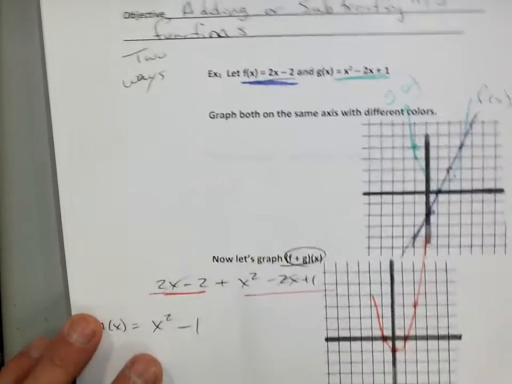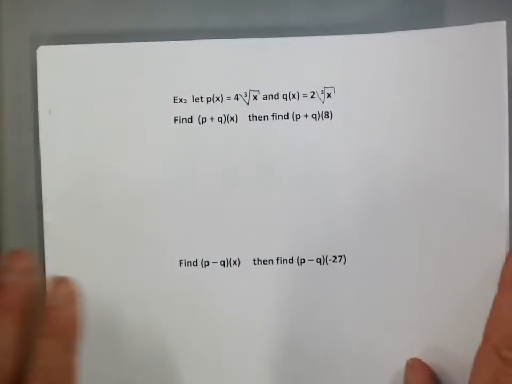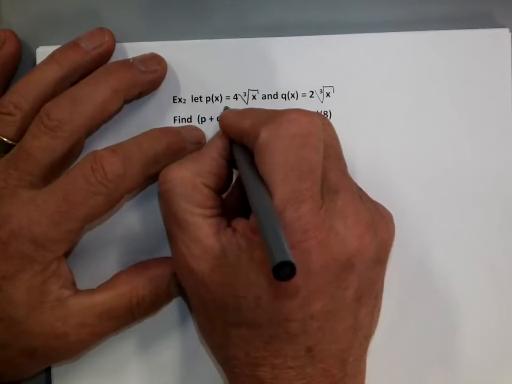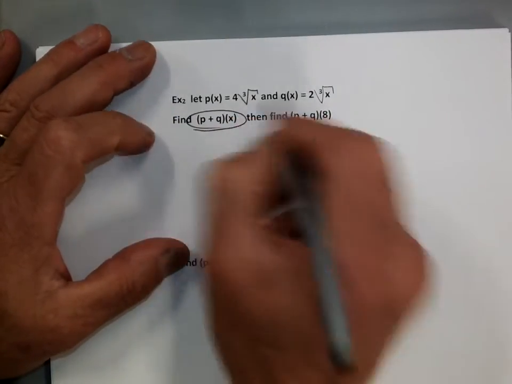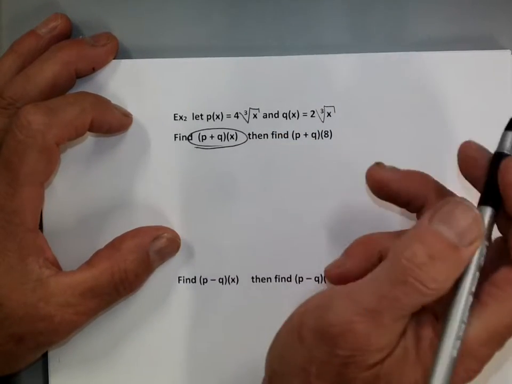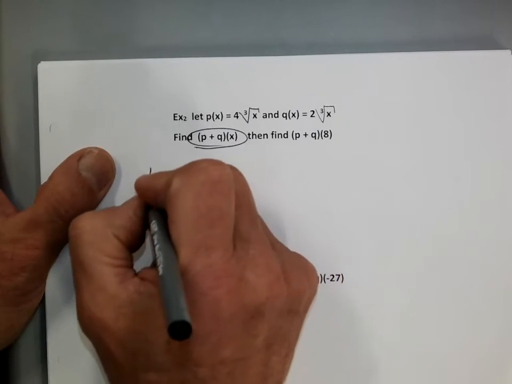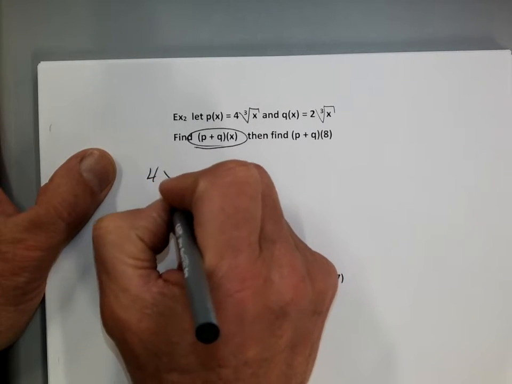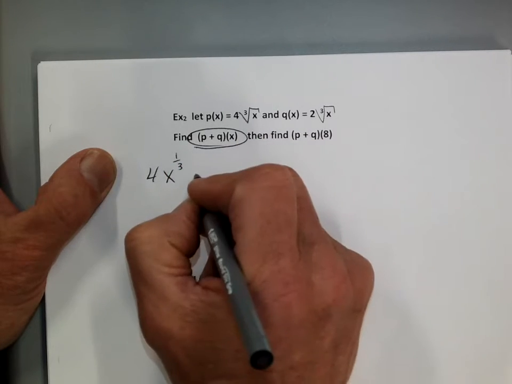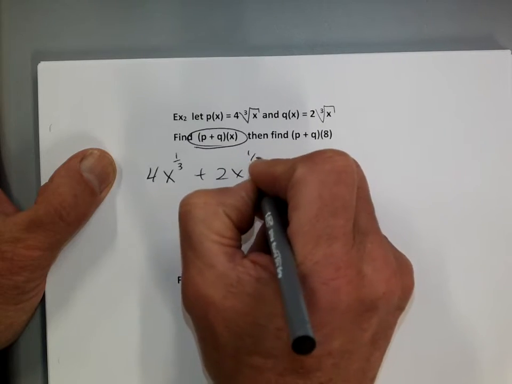So that was pretty easy, I think, but now this is where it gets a little bit different, okay? We're not going to graph these, we're just going to add them. So if I have to add p plus q, let's take a look at my two equations. I've got this cube root and this cube root. To make this a little bit easier, I'm going to rewrite this as 4x to the 1/3 power, plus 2x to the 1/3 power.